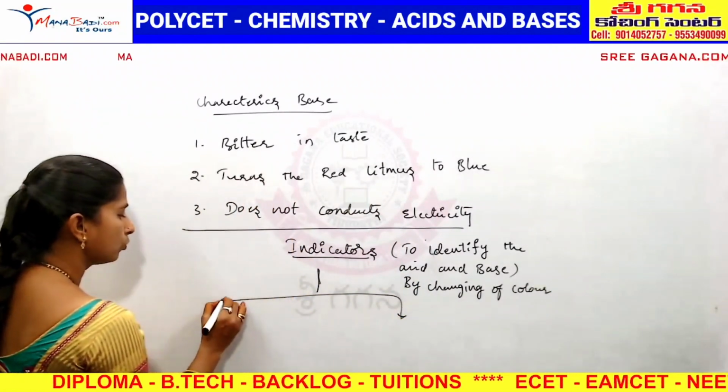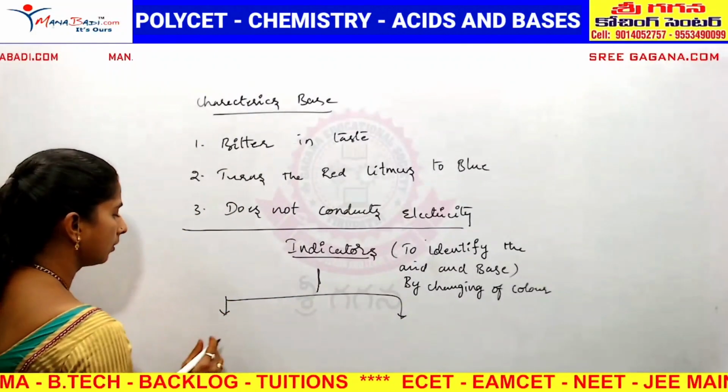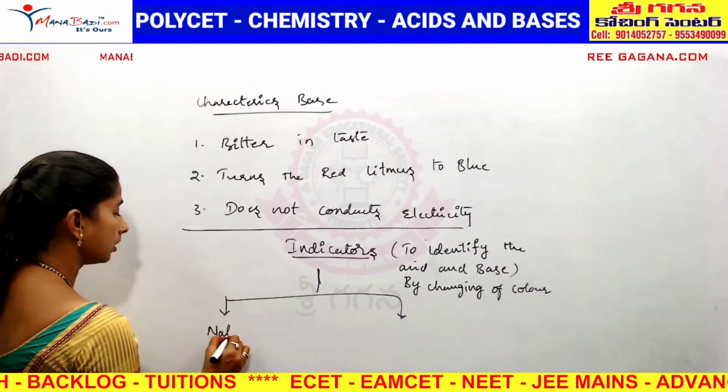How many types of indicators are there? Two types. One is natural indicators.